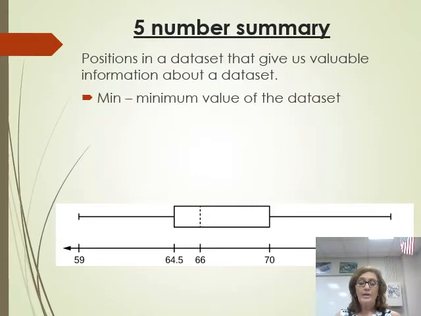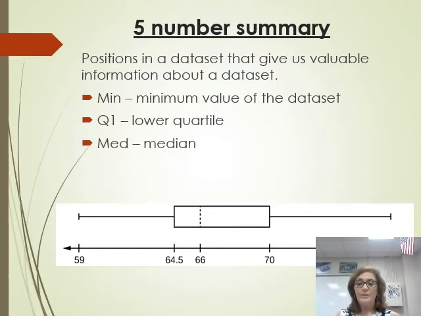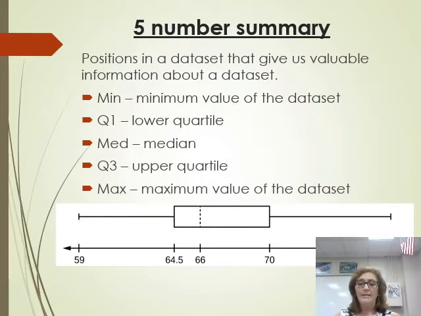So the first one is the min, and that is the minimum value in the data set. Then we have Q1, which represents the lower quartile. Then we have the median, which is our middle number, if the data set is arranged from smallest to biggest. Q3, which is the upper quartile, and then we have the maximum.